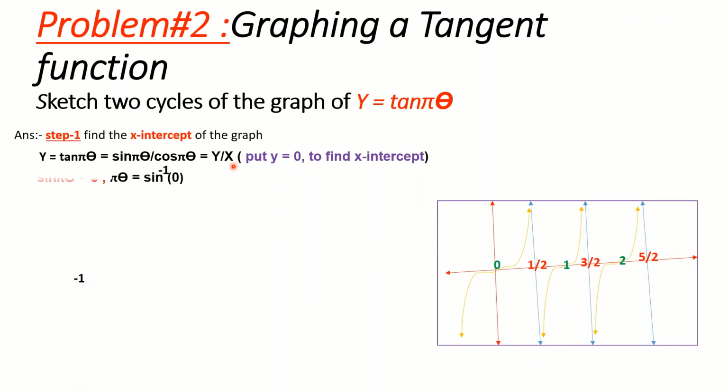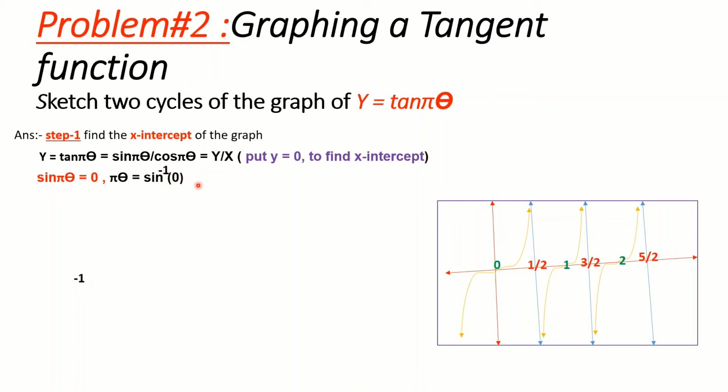Then think: when is sine pi theta equal to 0, because you put y equal to 0. Take the inverse sine of this equation. So pi theta equals sine inverse of 0.